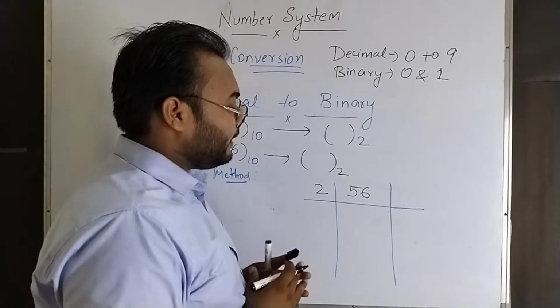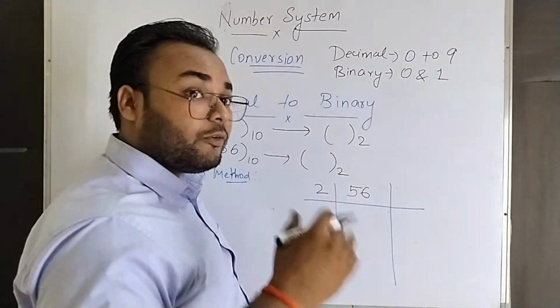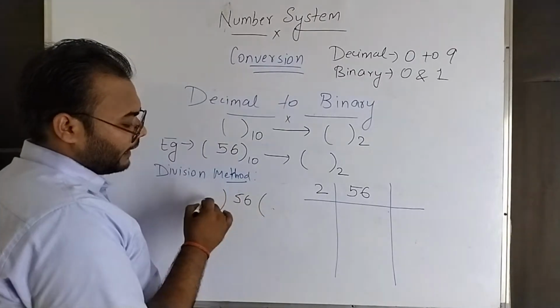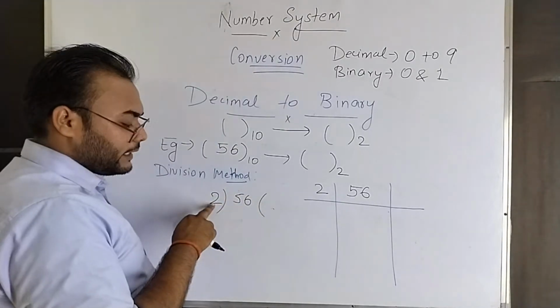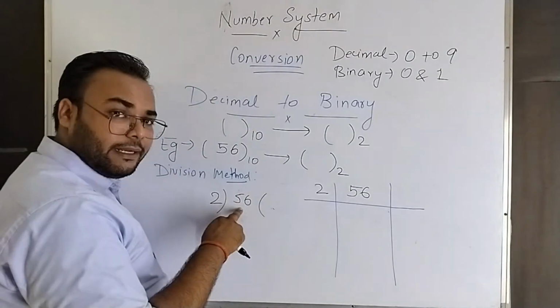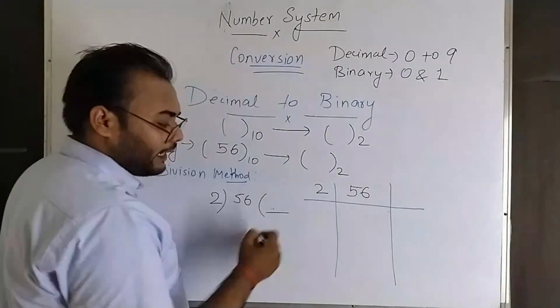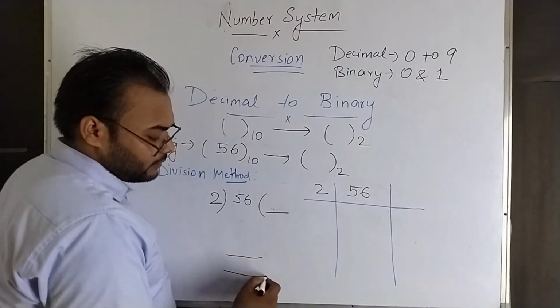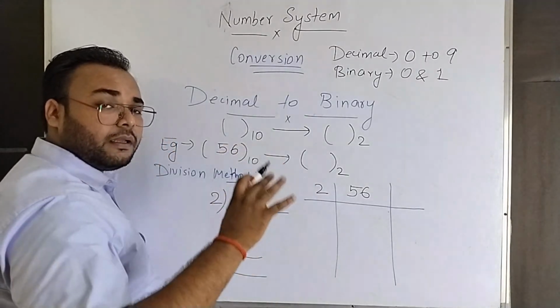First we divide this 56 using the division method: 56 is the dividend, 2 is the divisor, whatever we get here is called the quotient, and whatever ends with 0 or 1 is called the remainder.